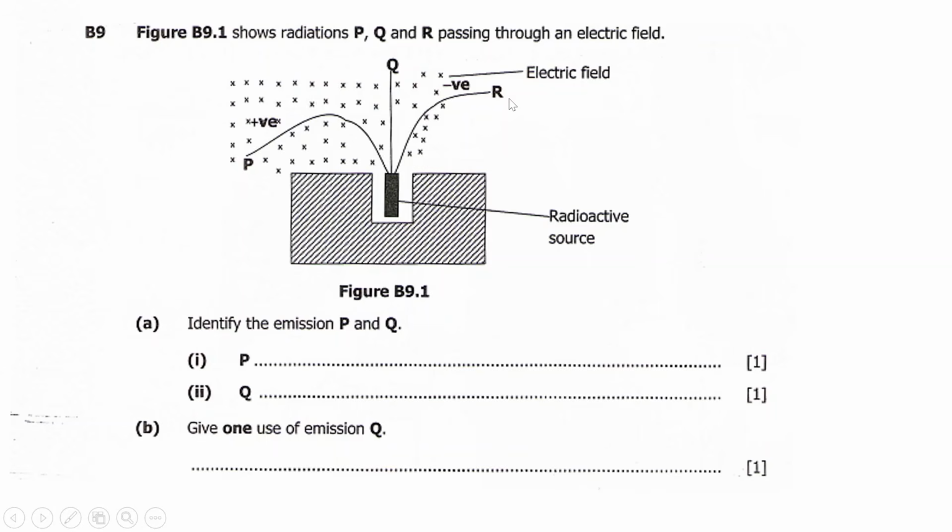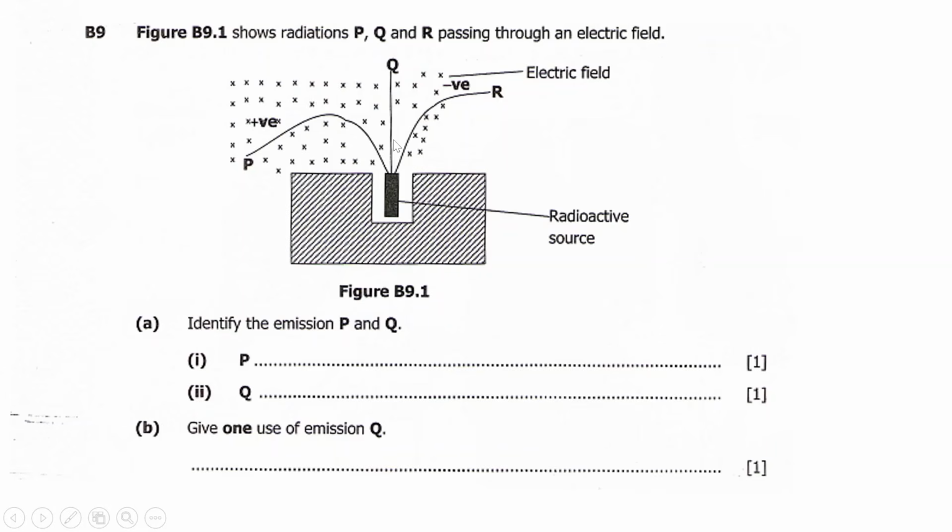It's actually R. We have been given that the side where R went is negative, and the side where P went is positive. The one which has a larger deflection in a magnetic or electric field, as we know from the theory we did and revised, is the beta particle.